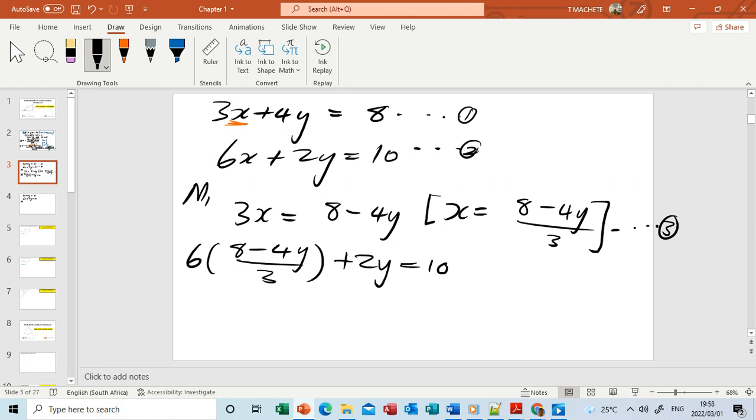Because I don't like using a calculator, I say 6 divided by 3, you get 2. So it's 16 minus 8y, since 2 multiplied by that gives 8y.